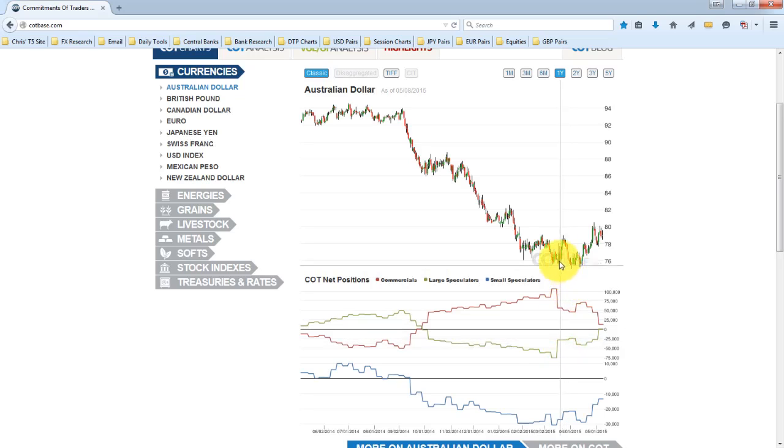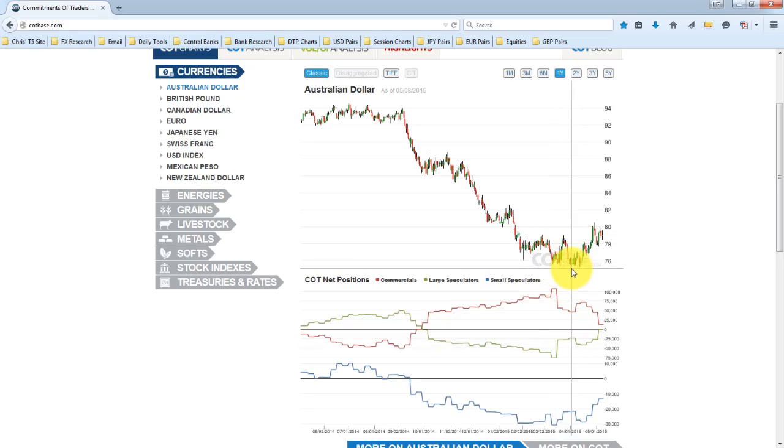Now, after price moved up and made this high, we did see another low in the market. So the market again sold off here, and this is my favorite thing to look for on the COT charts. Price making a new low, but look at the large specs. We had a new price extreme here in the Australian dollar.